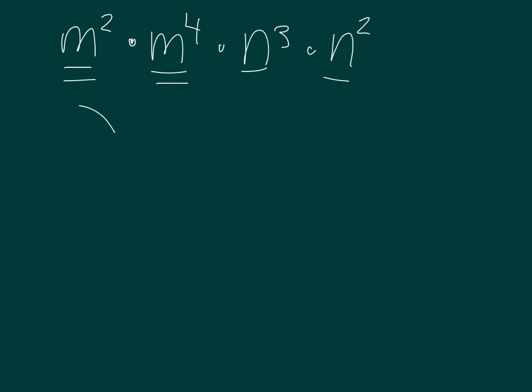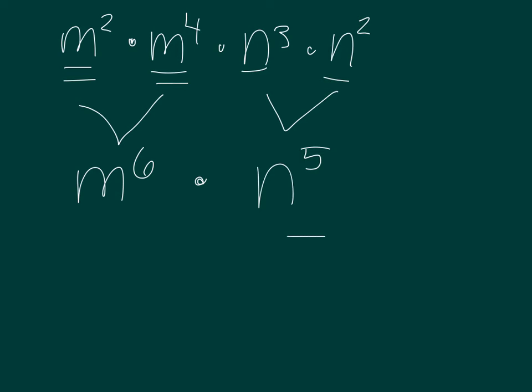So we can combine the bases for m and get m to the sixth, times, and combine the bases of n, we get 3 n's and 2 n's, n to the fifth. And this is as far as we can take it.